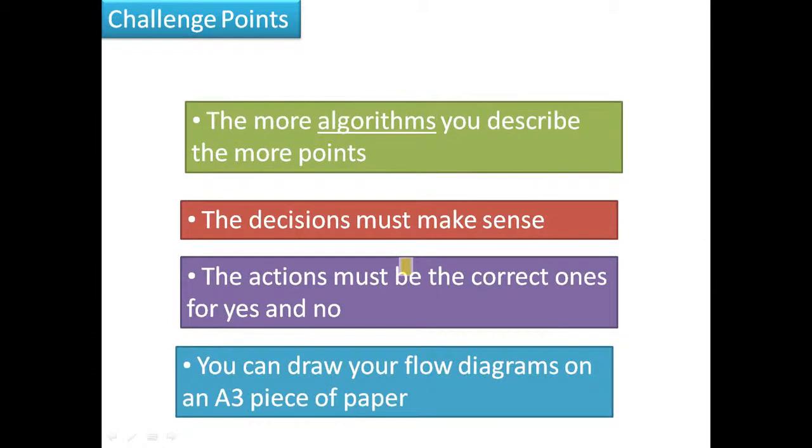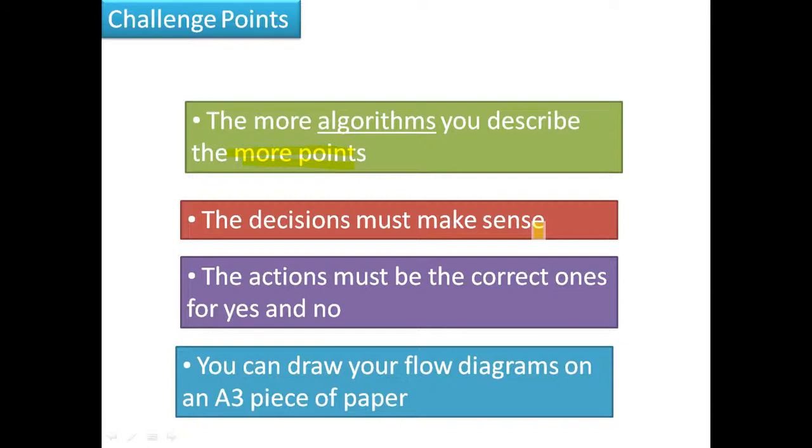Okay? A few points on the challenge. The more algorithms you describe, the more points. That's assuming you're describing them correctly. The decision must make sense. So if you say no, then you should be really going on to an action which makes sense with that no decision. If it says, is there a cliff there?